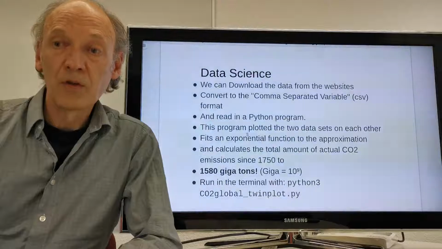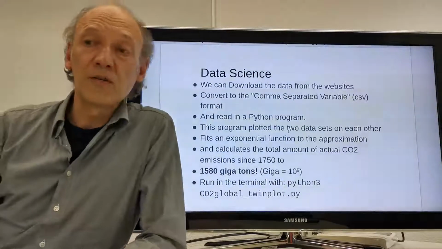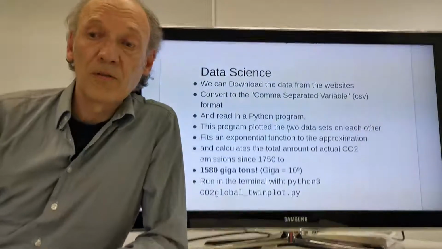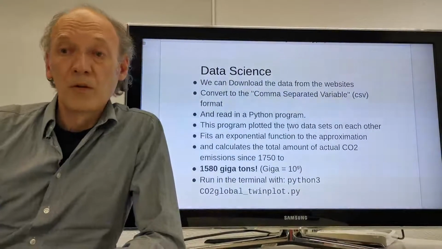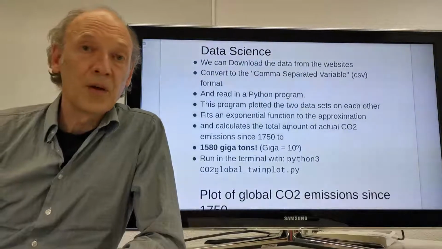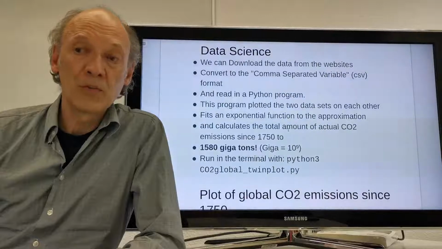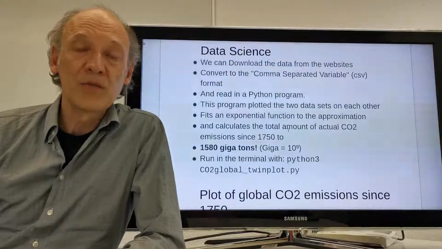And this program plots the two data sets, starting 1960 and starting 1750, on top of each other to find the total amount of CO2 emitted into our atmosphere since 1750.